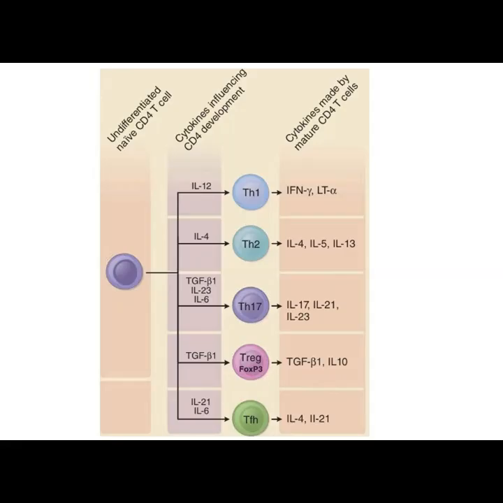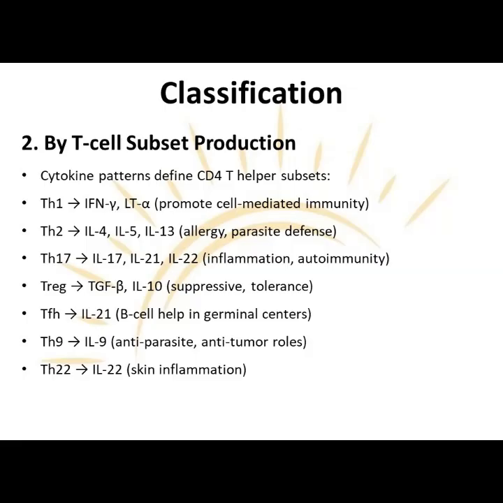Follicular helper T cells produce IL-21, specialized in providing B cell help in germinal centers. Th9 cells are distinguished by high levels of IL-9 production and function in anti-parasite and anti-melanoma immunity. Th22 cells are associated with skin inflammation and produce IL-22.